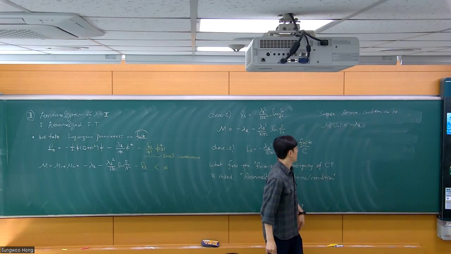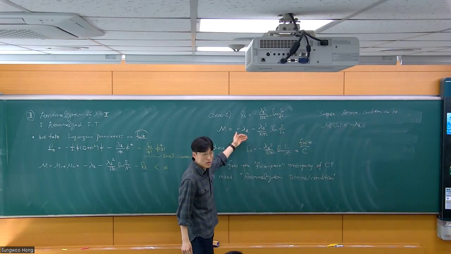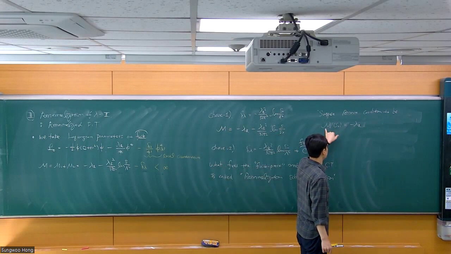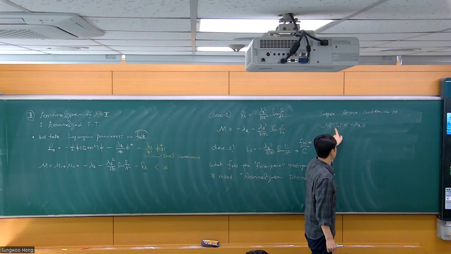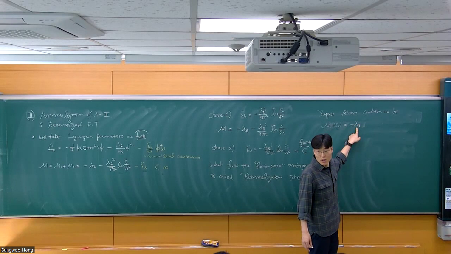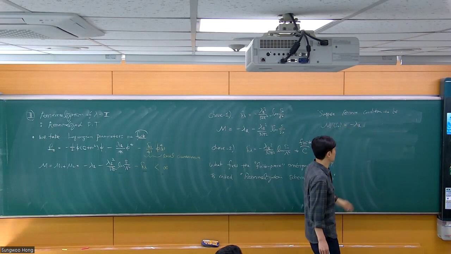So I demand, okay, you may design your own counterterm, but you do so that if I do the measurement of that process at a particular scale, this should give me exactly minus lambda r, not the rest of the terms. Okay, so I pick this as my condition.